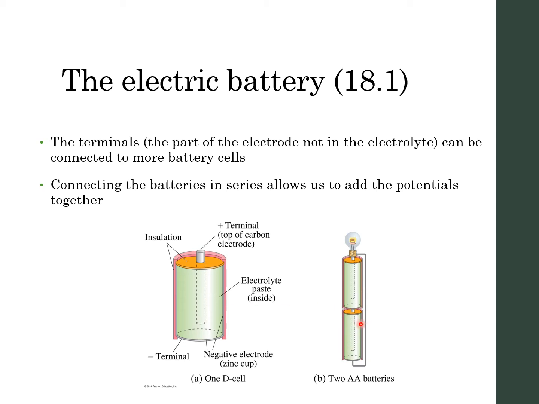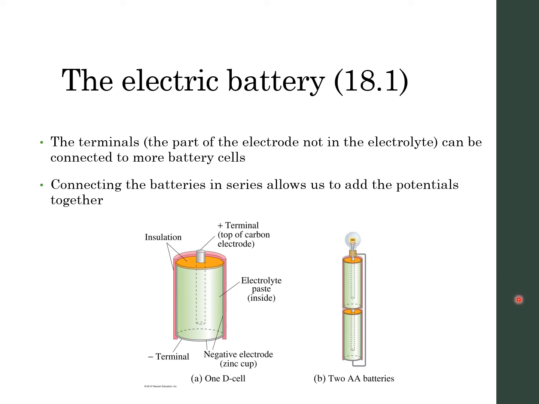So we can literally just stack the two batteries on top of each other, and that's going to let us add the potentials together for what we look at in terms of a circuit. We'll come back to this when we start building into circuits a little bit more on how that's represented, but we can put them together and add the potentials.